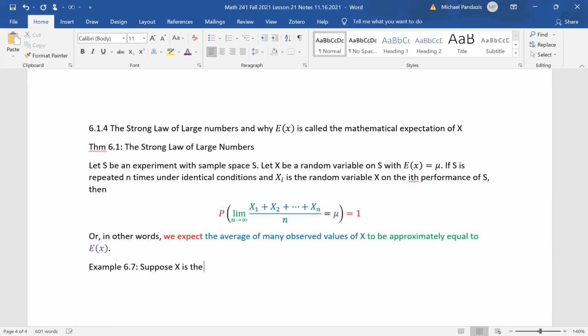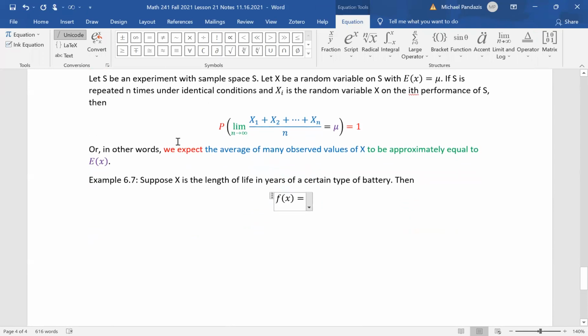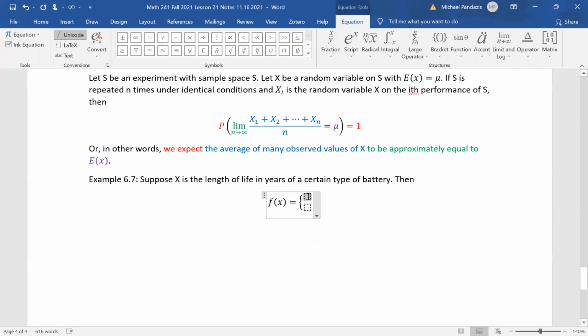Suppose capital X is the length of life in years of a certain type of battery. Then f of x is equal to 3/4 times 2x minus x squared for 0 less than x less than 2 and 0 elsewhere.